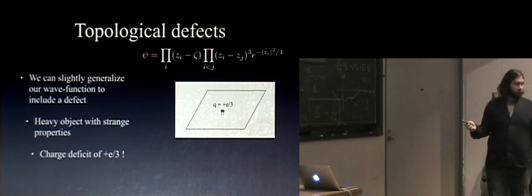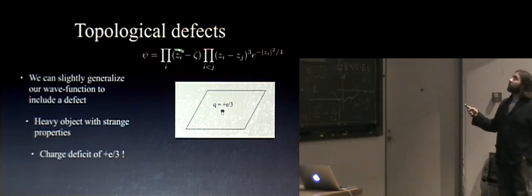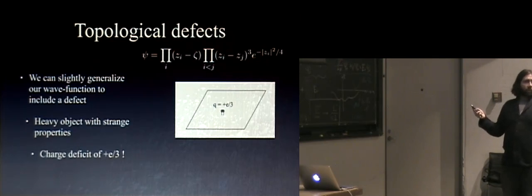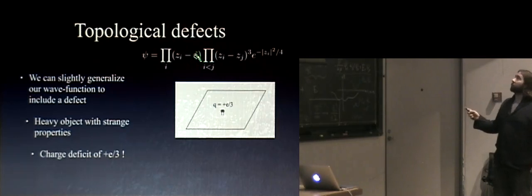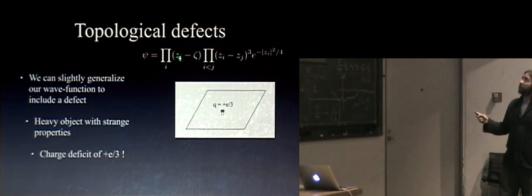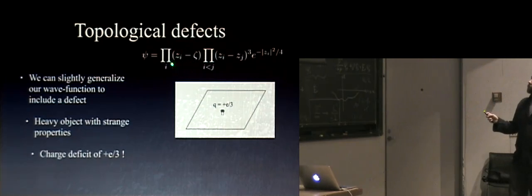So this is just something that tells me about the electrons, right? I'm just asking what the electrons are doing. I see that they see a defect that they can't get too close to. This is the location of the defect, and I have every electron's coordinate minus the defect's coordinate. So anytime an electron tries to get close to the defect, the wave function goes to 0, which tells me that the probability of finding the electron there goes to 0.